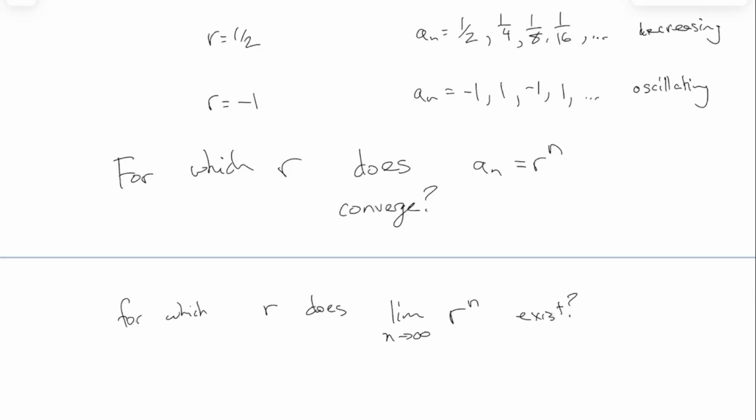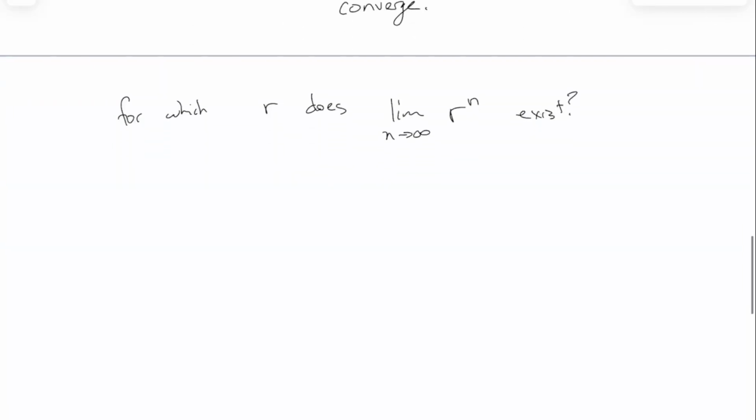And this question you could try to answer just by graphing this as a function, right? Remember what we said last time. The limit of a sequence, you might as well think of it as the limit of just r to the power x. And that would be a certain type of exponential function. So make it a function.